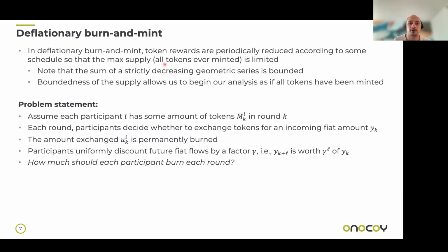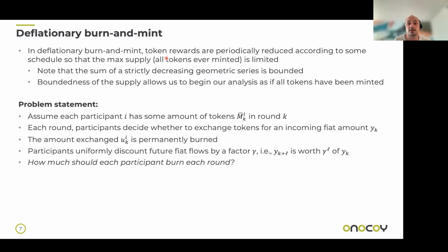So in deflationary burn and mint, token rewards are periodically reduced according to some schedule. I've already alluded to this. It could be just a halving schedule. At Onocoy, we don't have it every 4 years. Instead, we decrease by 16% every year, which turns out to be basically a halving every 4 years.